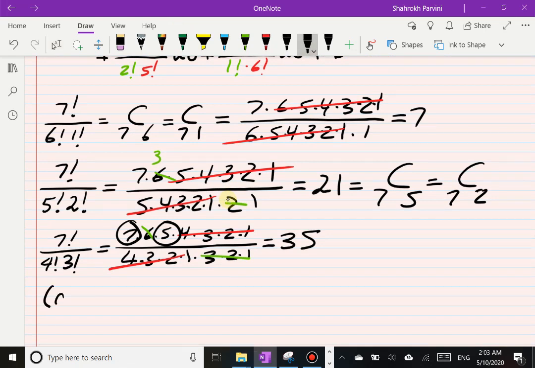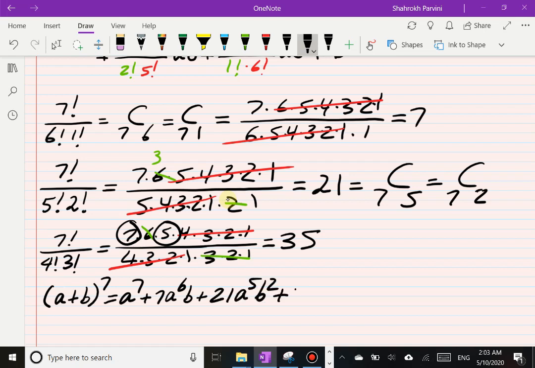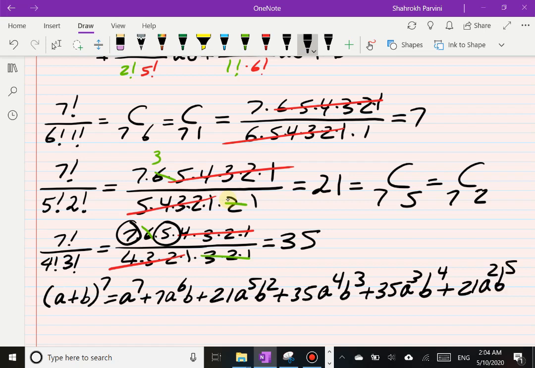With those coefficients put in, the numbers in front. (a+b)^7 is a^7 plus 7a^6 b. Next number was 21 a^5 b^2 plus 35 a^4 b^3 plus 35 a^3 b^4 plus 21 a^2 b^5 plus 7 a b^6, and finally plus b^7.